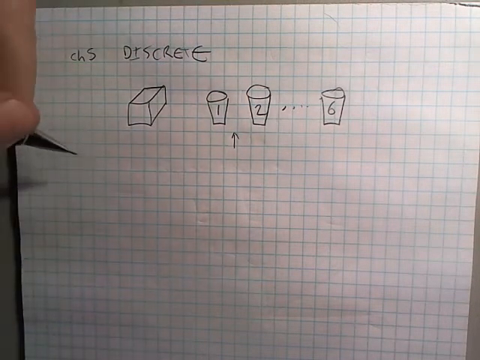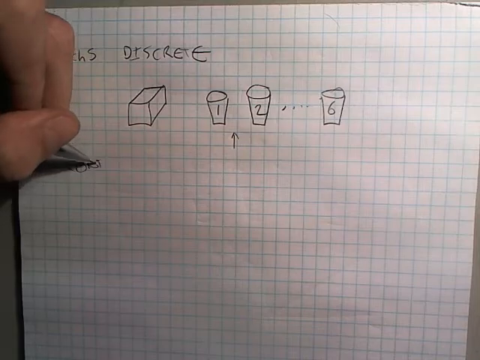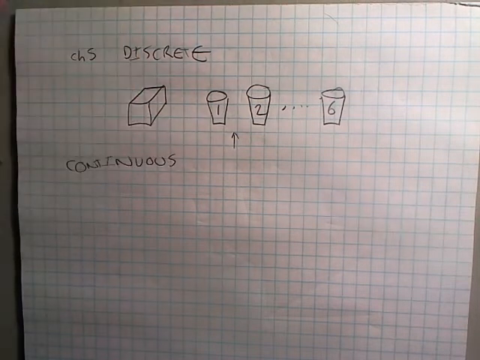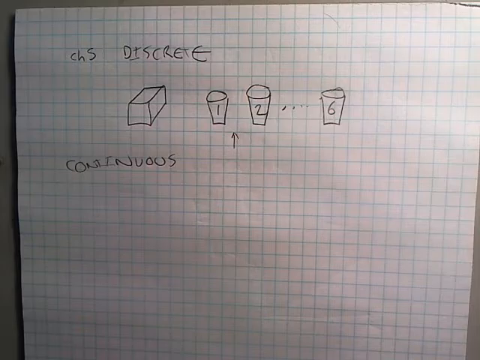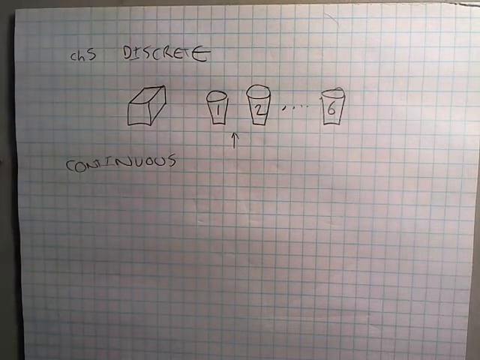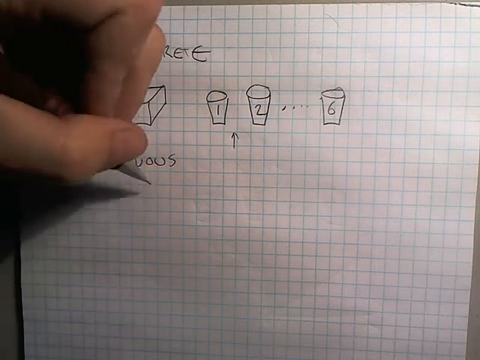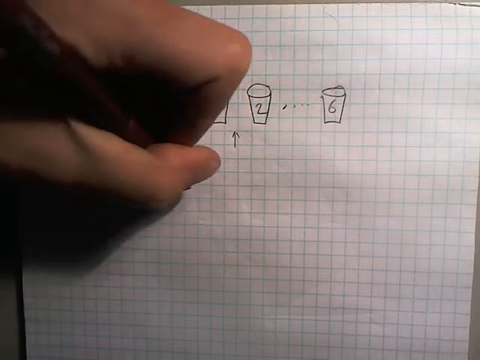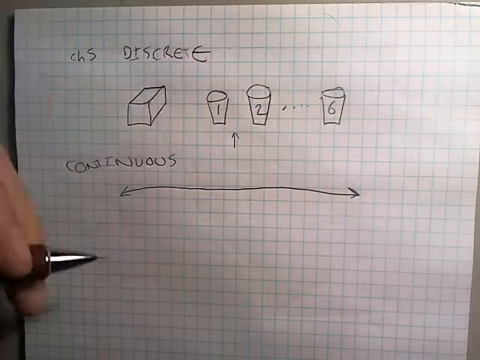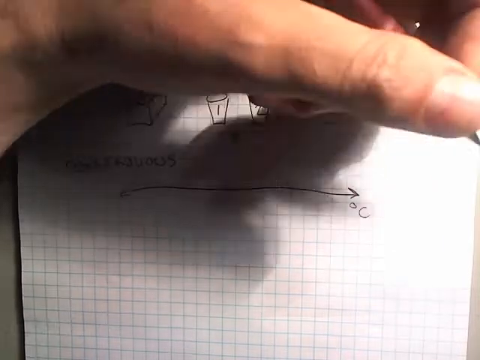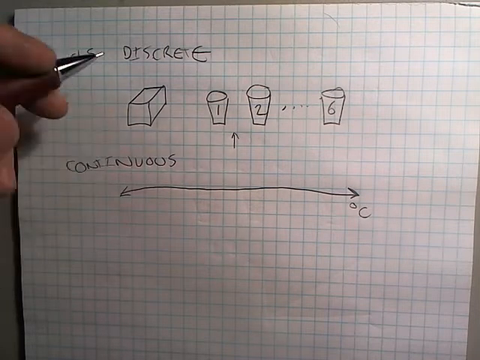In contrast to that, this chapter is all about continuous random variables, and the hallmark characteristic of that is that it's a measurement of something and it can have infinitely many values. As such, it will always fall on a number line. So let me illustrate that here by drawing a number line that represents temperature in degrees Celsius.